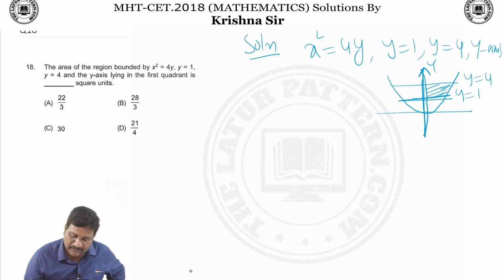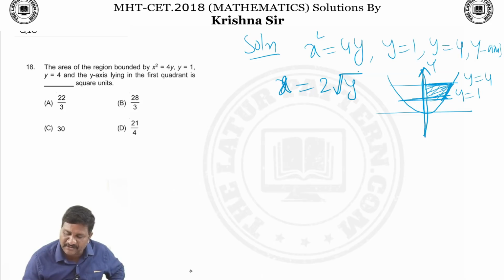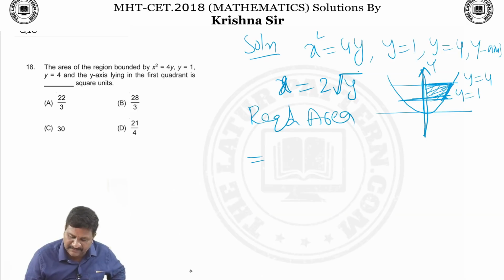From this, x is equal to 2 into root y. Now the y limits are y is equal to 1 and y is equal to 4. We want to find the area between these limits with respect to this curve. So the required area is equal to the integral with limits of y from 1 to 4.